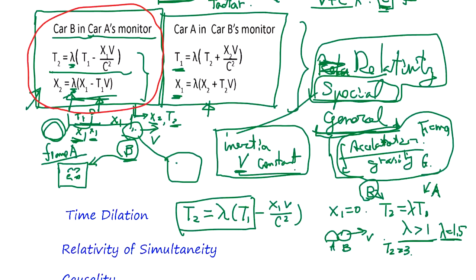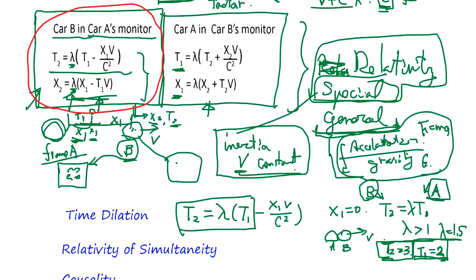Okay, so what happens is, then for t1 it's going to take only 2 seconds. So something took 3 seconds. The event on B is actually a 2-second event in frame A.